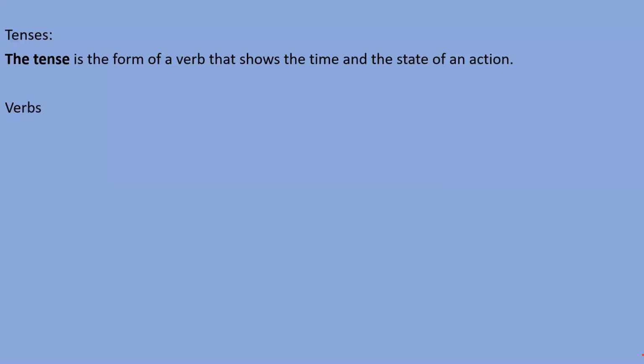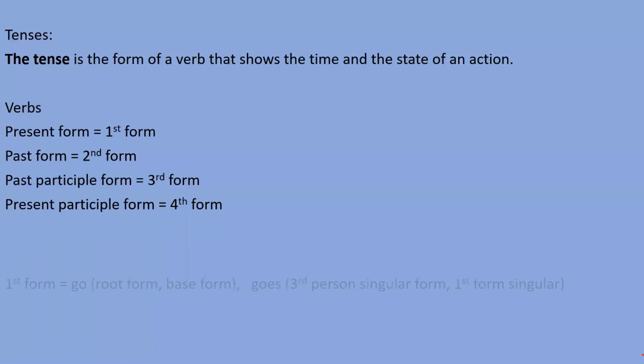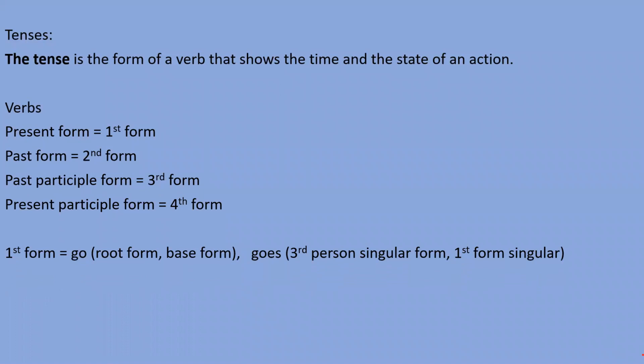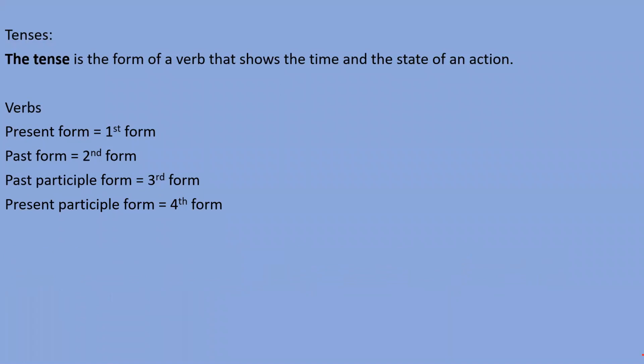So firstly, let's understand about verbs. As you know, there are four forms of a verb: first form, second form, third form, and fourth form. The first form, its grammatical name, is the present form, then the past form, past participle form, and present participle form. Remember this one thing again: in English, the verb form is only one, called the root form.